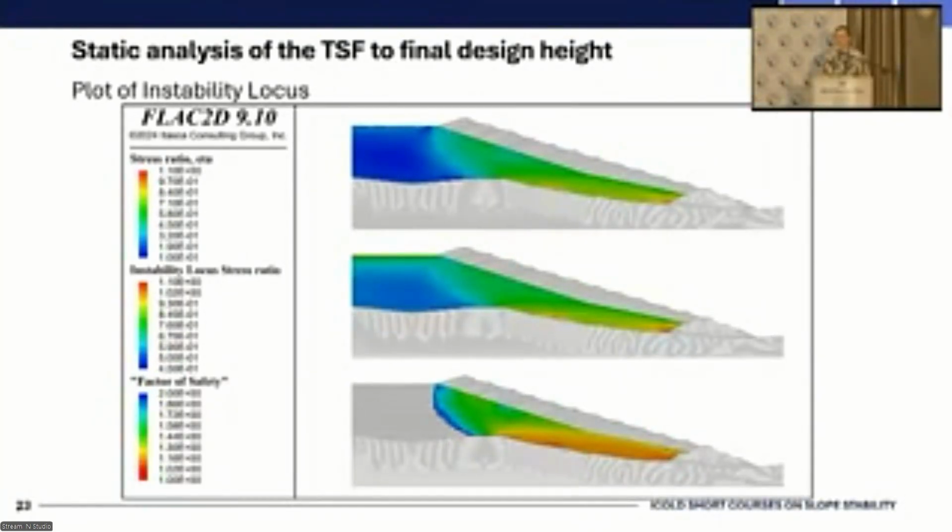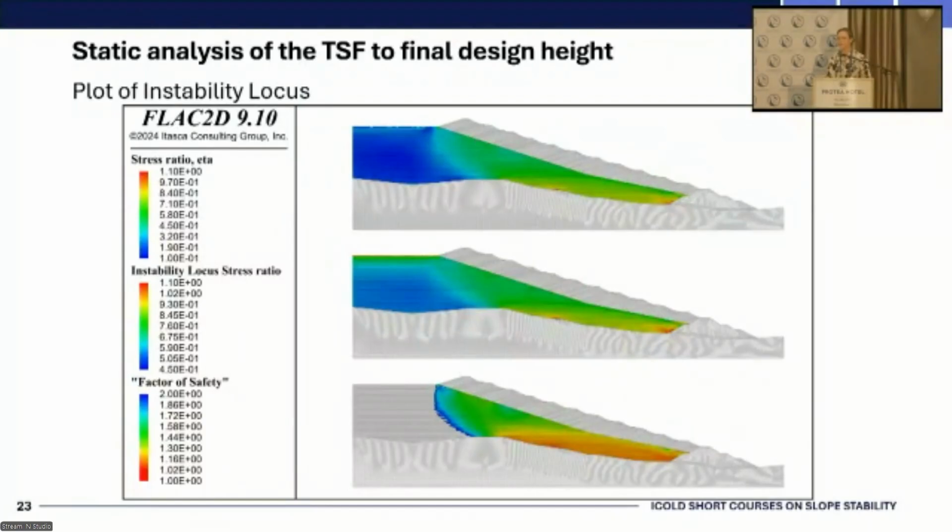So if we take the model and calculate the stress ratio, which is the top plot over there, and then the stress ratio of the instability locus, which is the point at which undrained instability would arise, and then take the one divided by the other, we would get the plot at the bottom, which is a sort of factor of safety, for want of a better term, of those specific elements.